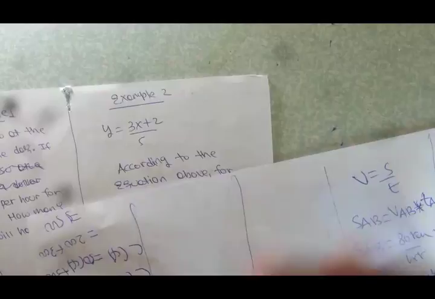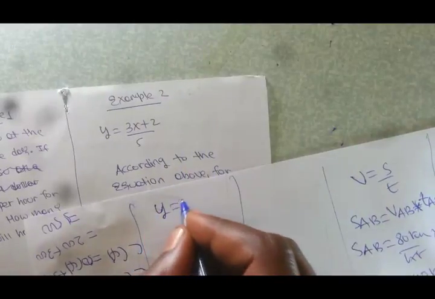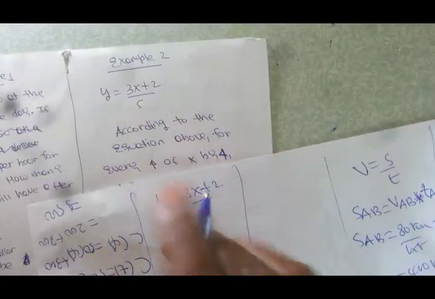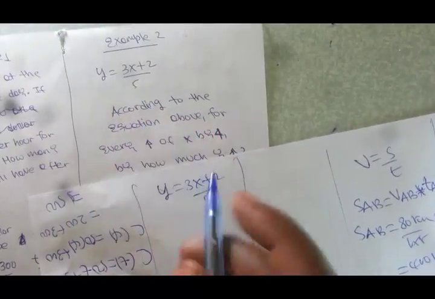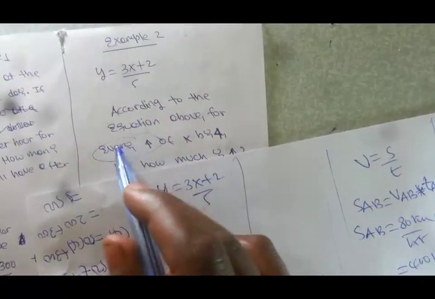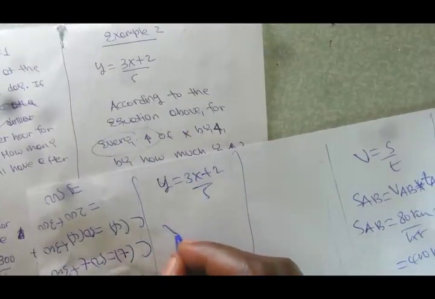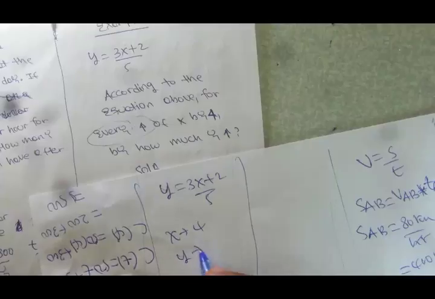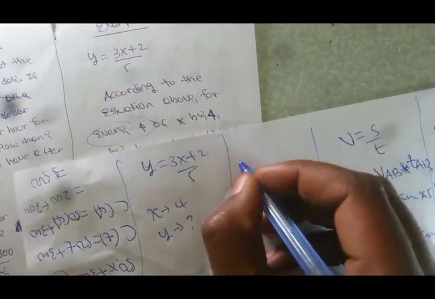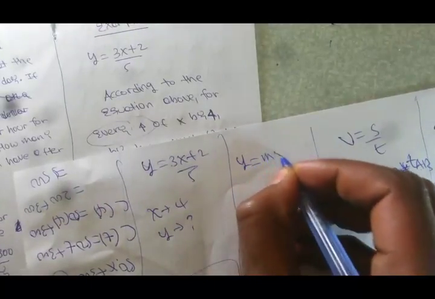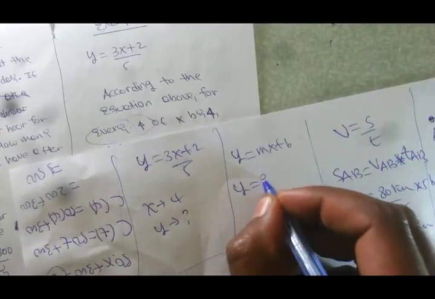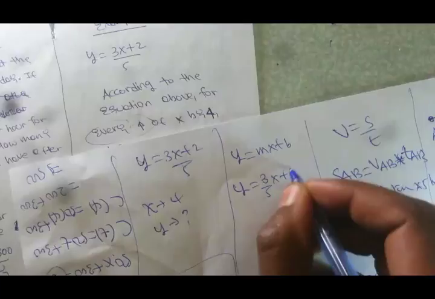And example 2 is given by Y is equal to (3X plus 2) over 5. According to the equation above, whenever you find the word every, it represents X. Therefore, for every increase of 4 in X, the value of Y will increase by a blank amount. First we have to write it in the form Y is equal to mx plus b, which is not written that way, so we change it to Y is equal to 3 over 5 x plus 2 over 5.